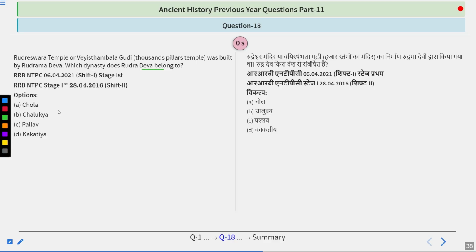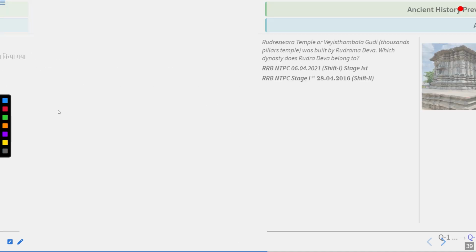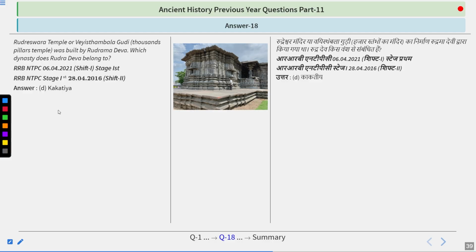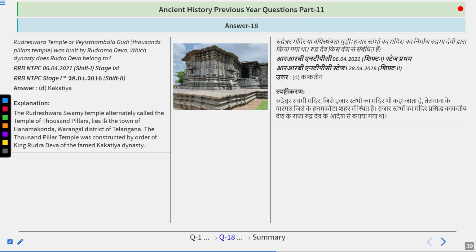I hope the answer you are giving would be right because this is a quite moderate to high question. So let's take a look at what is the answer. The answer is Kakatiya dynasty. So Rudreshwar Swami temple, alternately called the Temple of Thousand Pillars, lies in the town of Hanamakonda, Warangal district of Telangana.